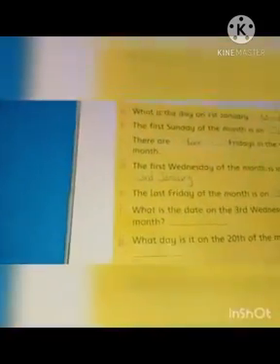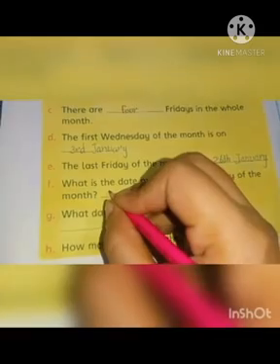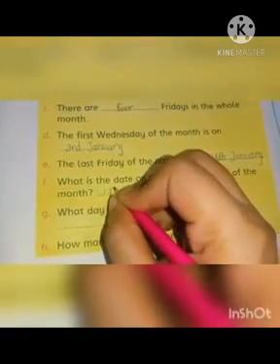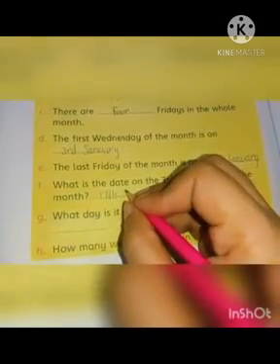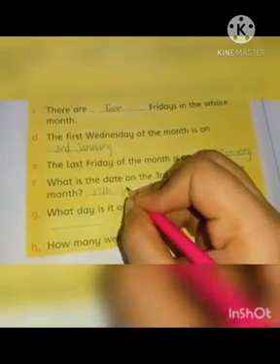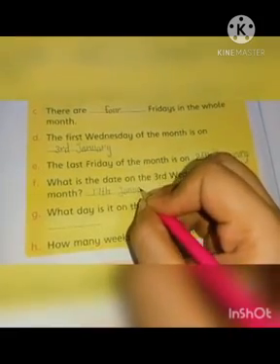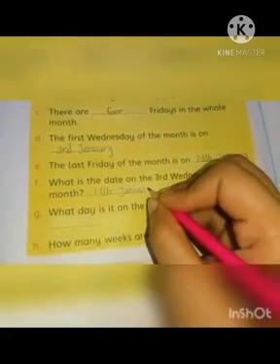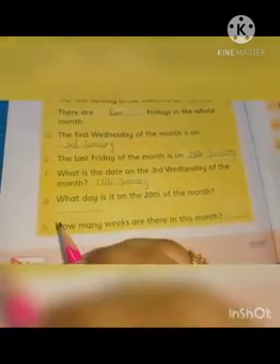So we are going to write 17th January here. J-A-N-U-A-R-Y. 17th January. Go for the next one.